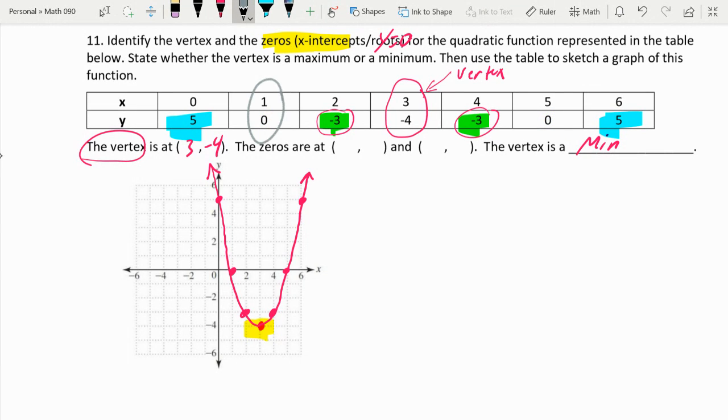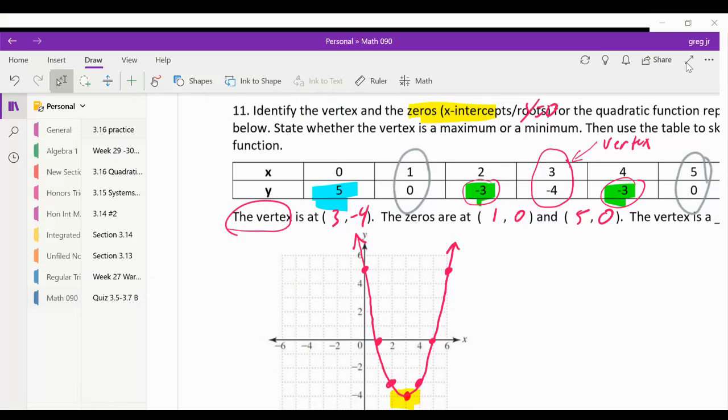Where is y equals 0? There and there. So what's the first one? 1, 0. The next one, 5, 0. And we already said the vertex was a minimum because it opened up. Any questions? Please send us.